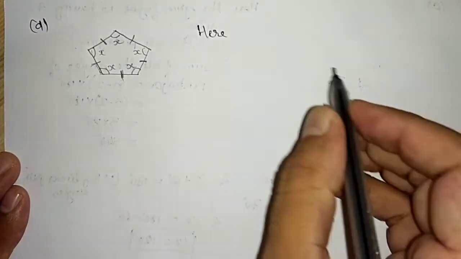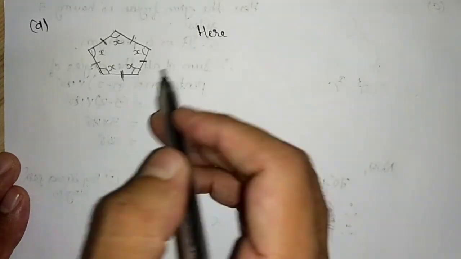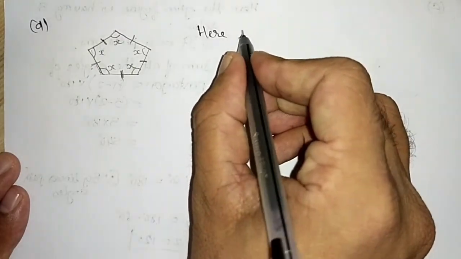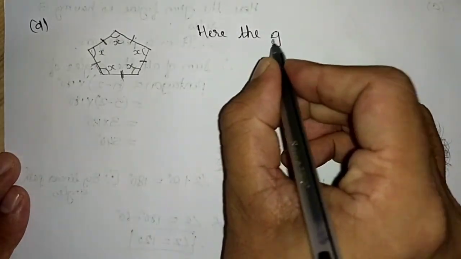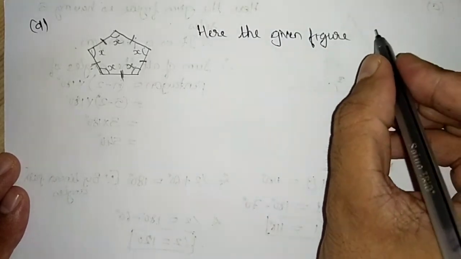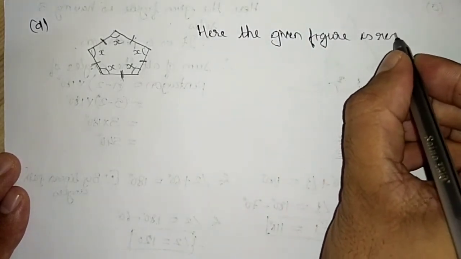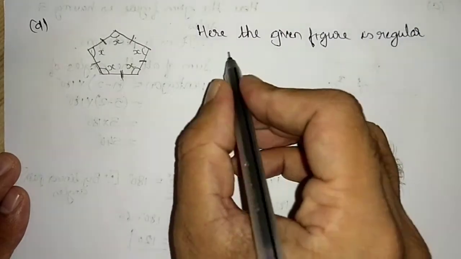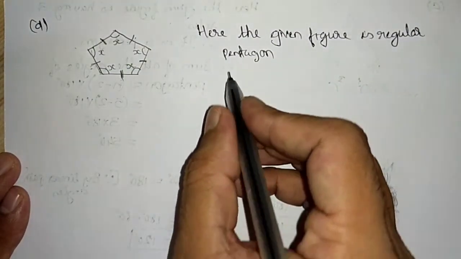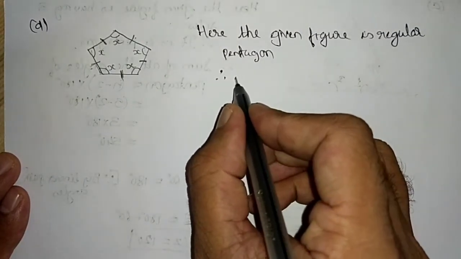So we will write 1, 2, 3, 4, 5, sorry, a regular pentagon. Here the given figure is a regular pentagon.